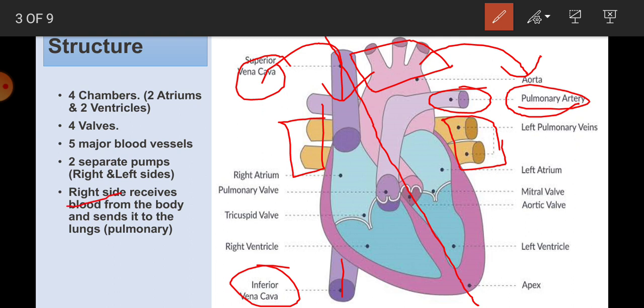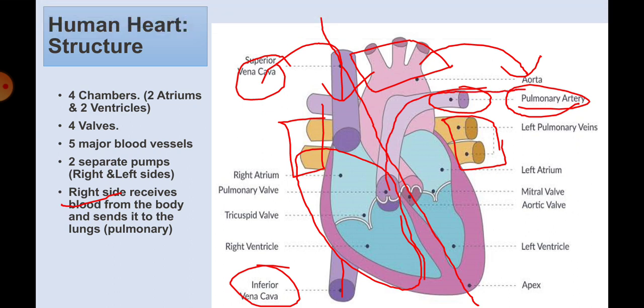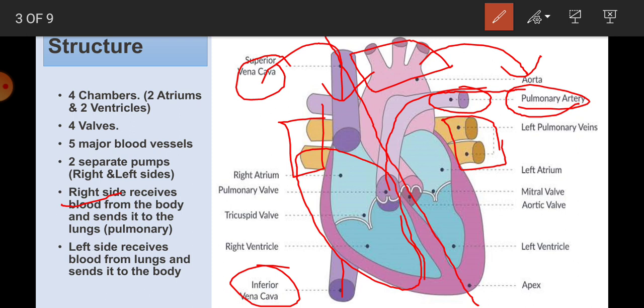The right side, this part, receives blood from the body and sends it to the pulmonary artery. And the left side receives blood from the lungs and sends it to the whole body.